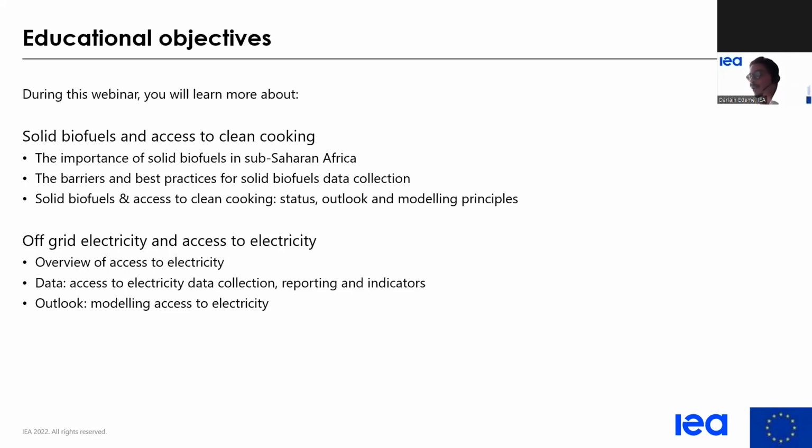Or, for example, what are the CO2 emissions related to new connections, with millions of people gradually gaining access to electricity? So what are the CO2 emission implications? Because we also have another SDG, SDG 13, which is focused on climate change, so we always have to keep this aspect in mind.